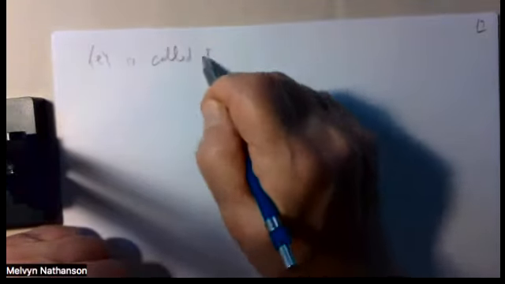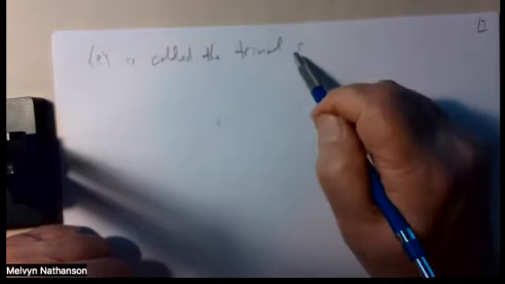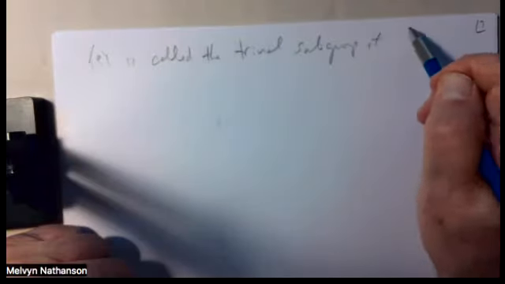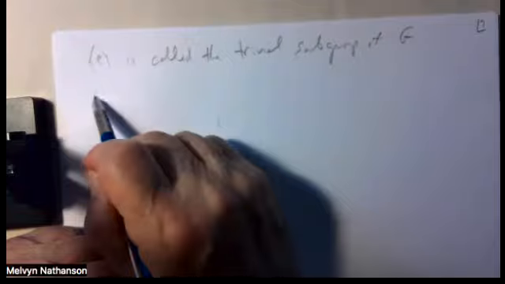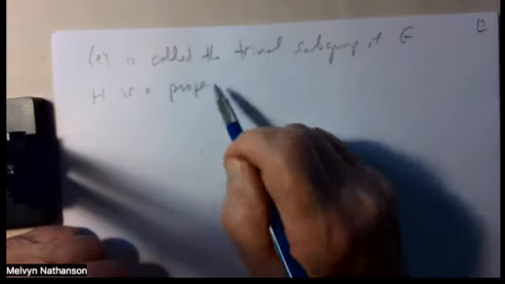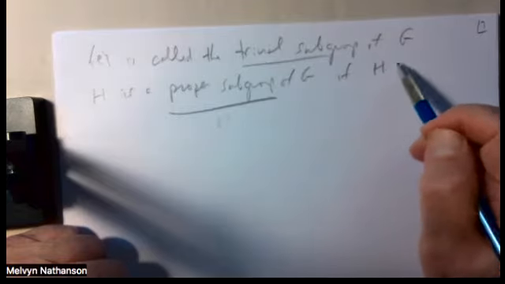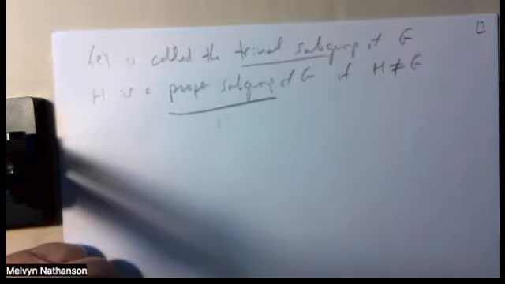So the set consisting of just the identity is called the trivial subgroup of G. And H is a proper subgroup of G if H is not all of G. It's words that people use all the time. Any questions about that?